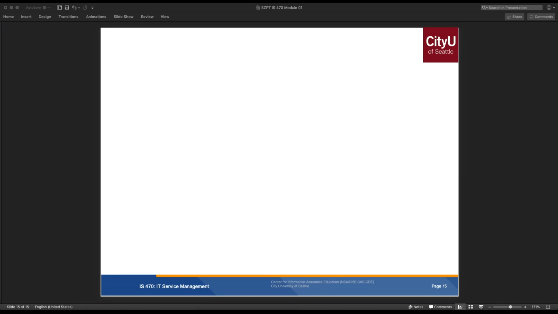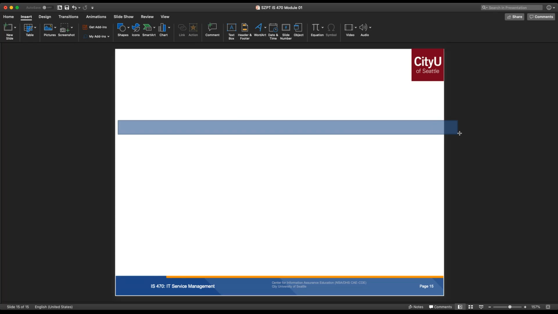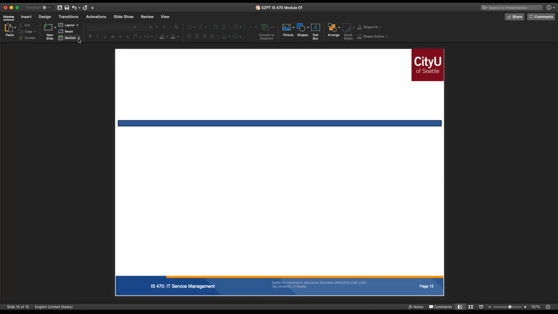Go back to the PowerPoint slide one more time. Let's draw some stuff. First, let's create a shape or a line, something like this. Let's say the top part is GitHub, and let me fix that later.